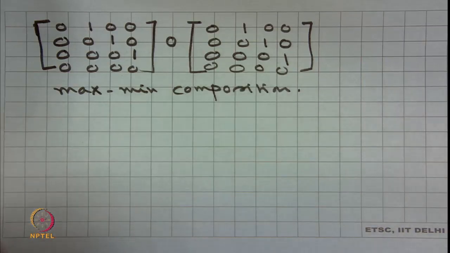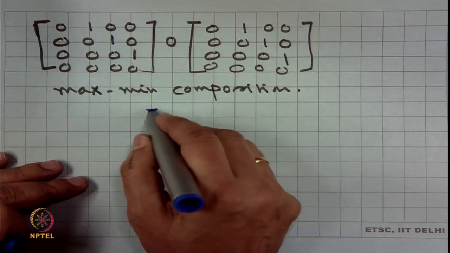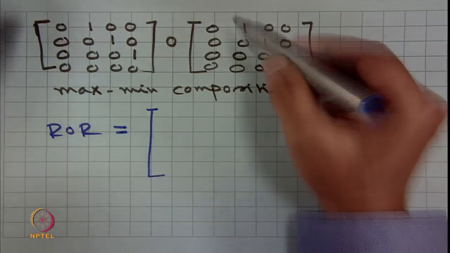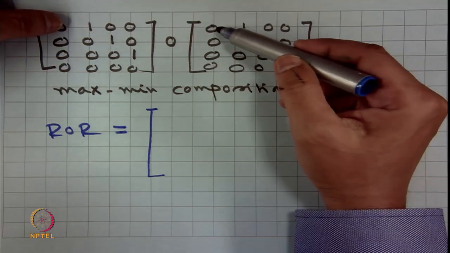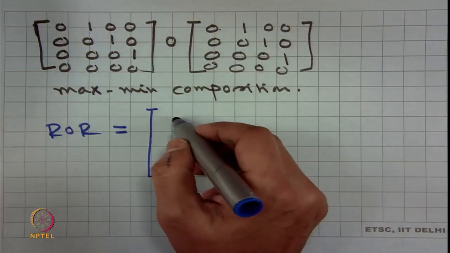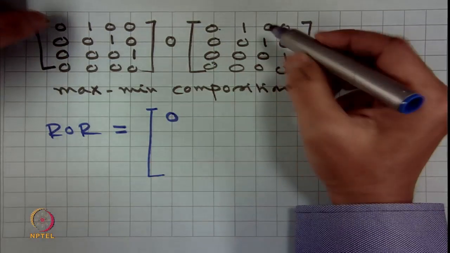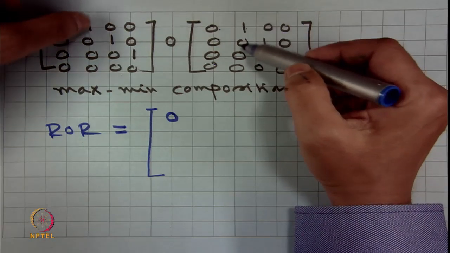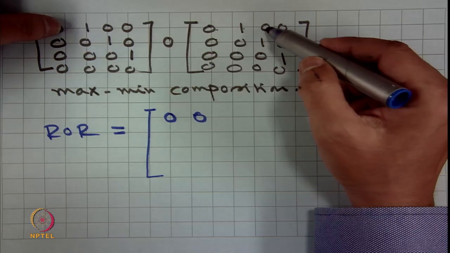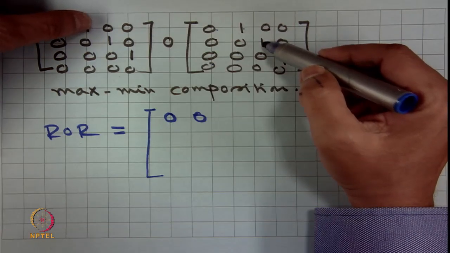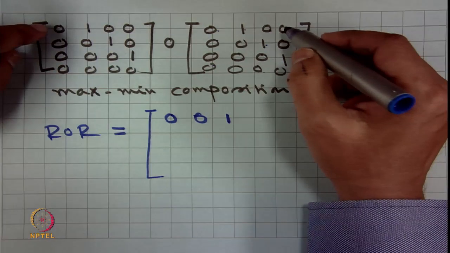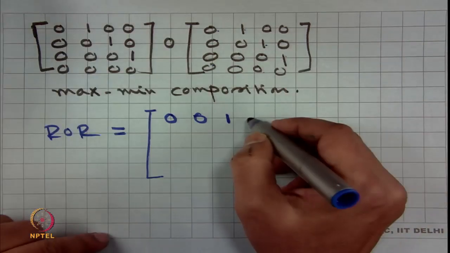So, we get the following matrix. The minimum of these 4 is 0, the minimum of these 4 is also 0, the minimum of this we get 1 and for the remaining we get 0, and for these 4 it is 0.